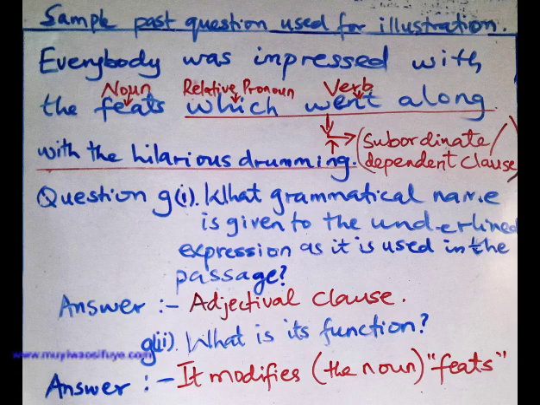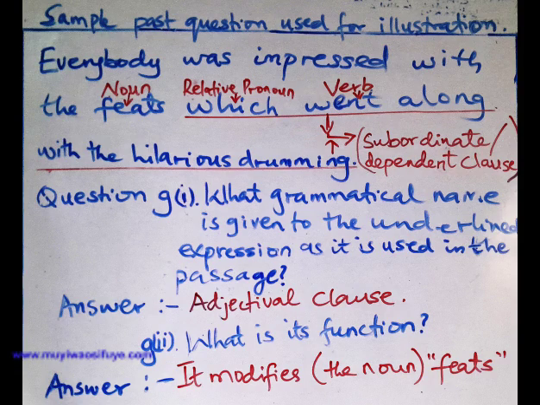That is, the group of words underlined contains a finite verb, while on the other hand, if the group of words underlined does not contain a finite verb, your answer will be an adjectival phrase. The expression above has a main or independent clause plus a subordinate or dependent clause.